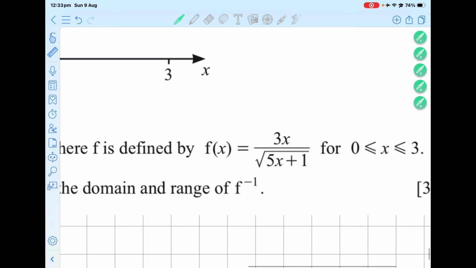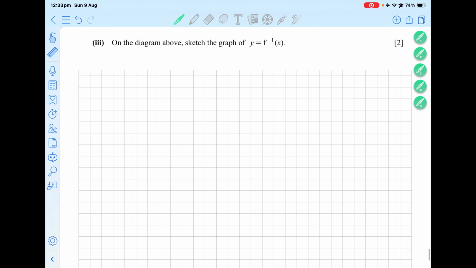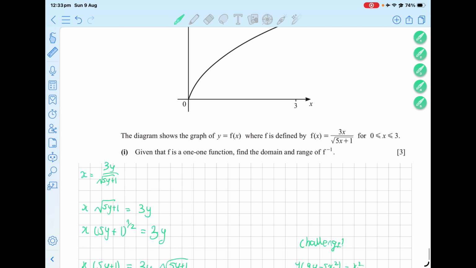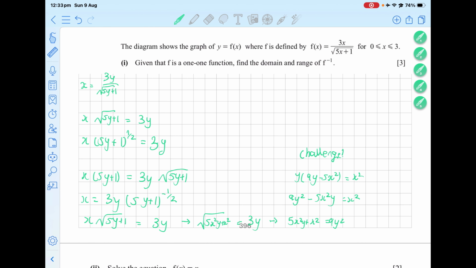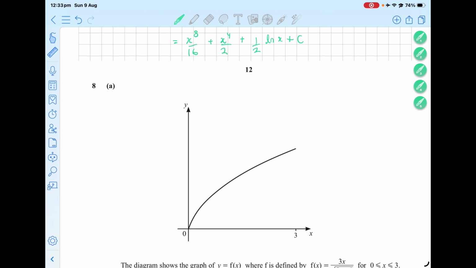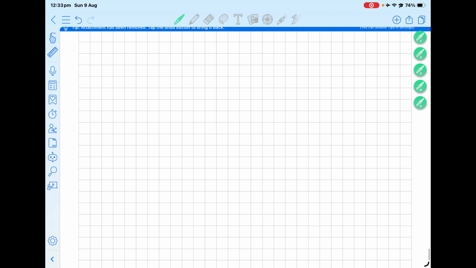So 3 f of x is equals to... let's move on to... so let's just move on to part B.